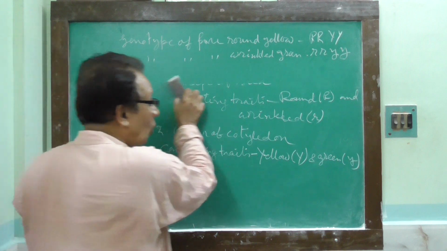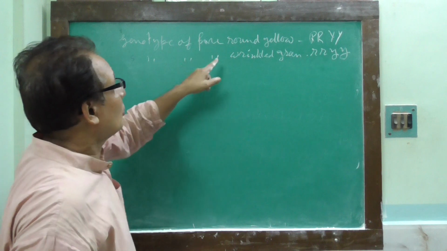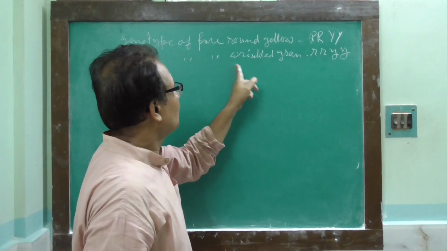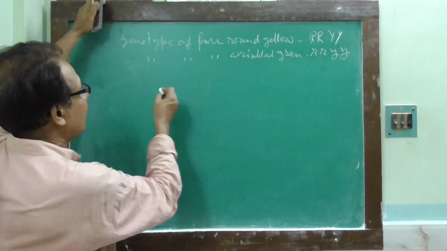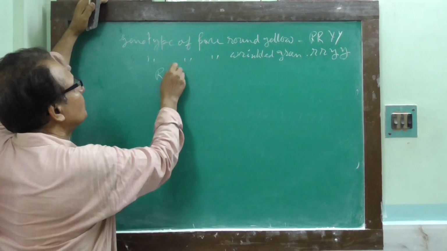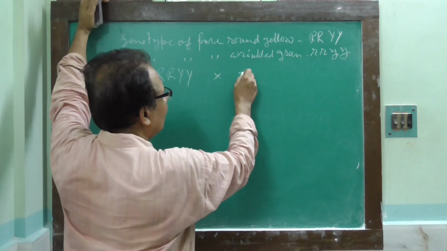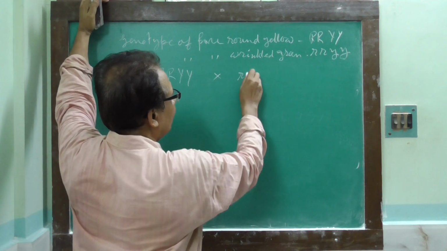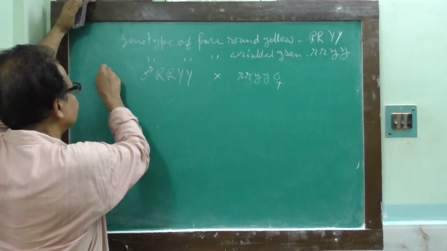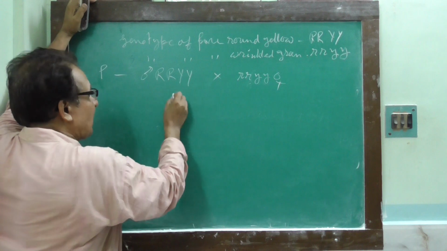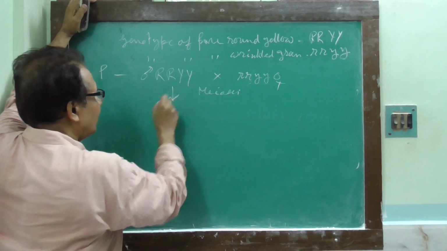Okay, now the cross. Mendel crossed pure round yellow and pure wrinkled green seed containing pea plants. So round yellow male, wrinkled green female, symbol P. Gamete, meiosis and segregation.